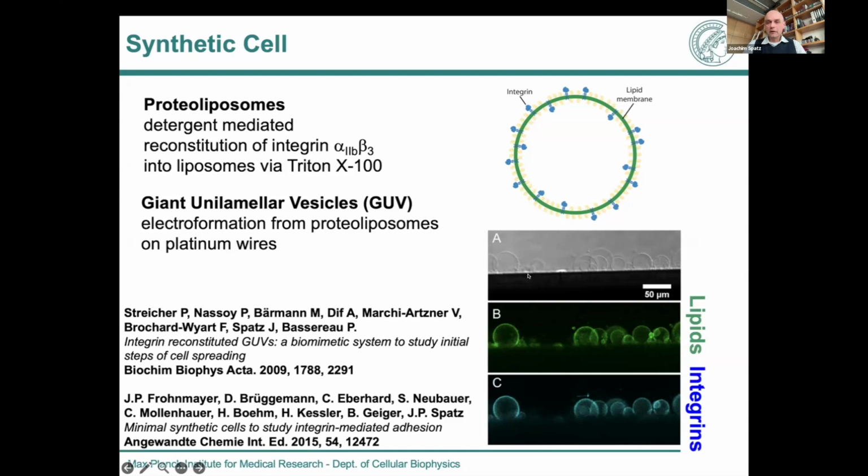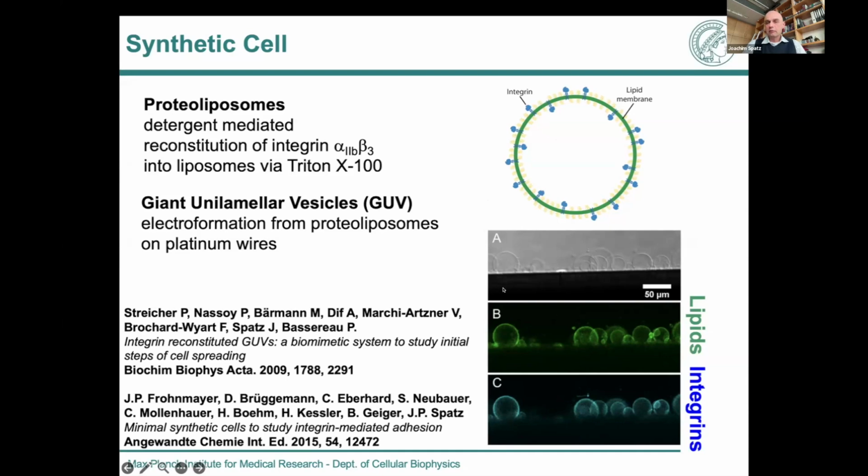This was partly successful, but the main problem was that it was not really reproducible. So you get images like you see here: a side view, a cross-section of a surface, where you see these vesicles adhering to the tissue. You see it's a flat interface. In blue and in green you see the lipids, and in blue the integrins, which are labeled.